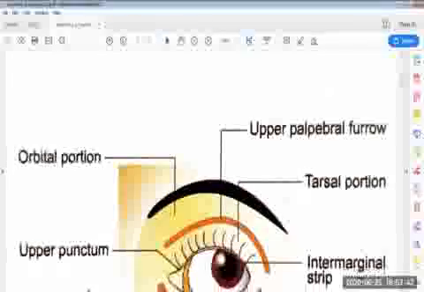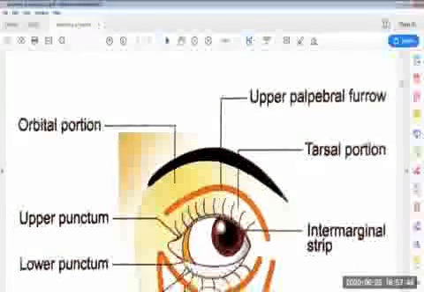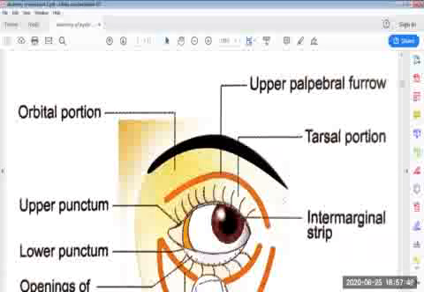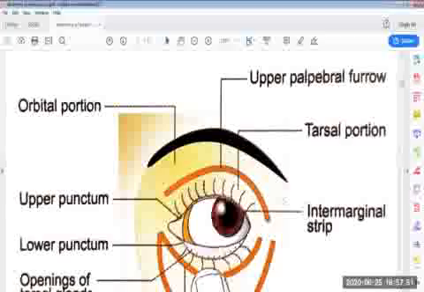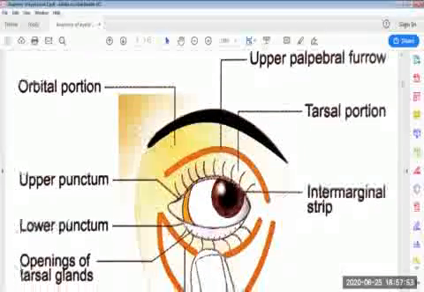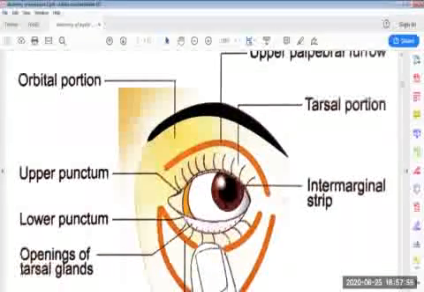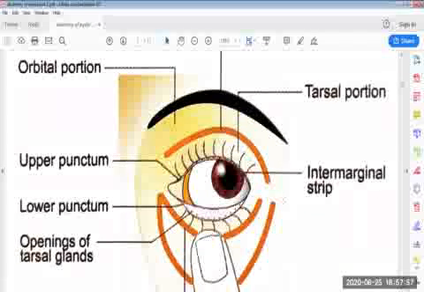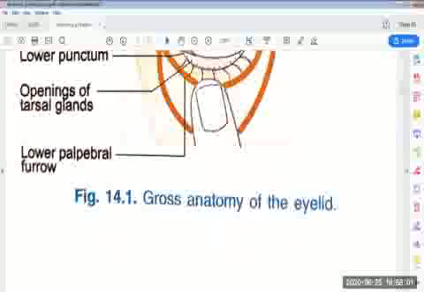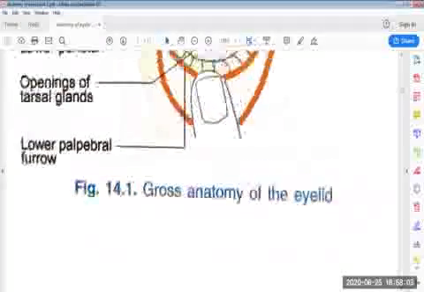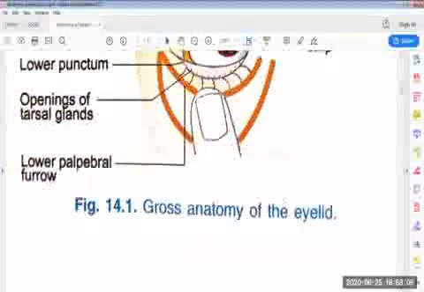Here's an image of the eyelid where you can see the upper palpebral furrow, which divides the eyelid into two parts, the orbital portion and the tarsal portion. And just like that, there's a lower palpebral furrow.